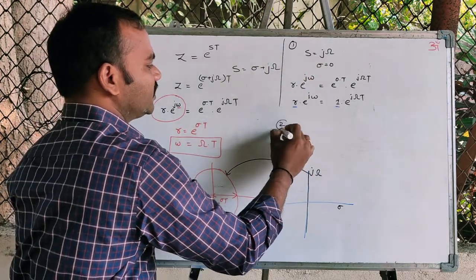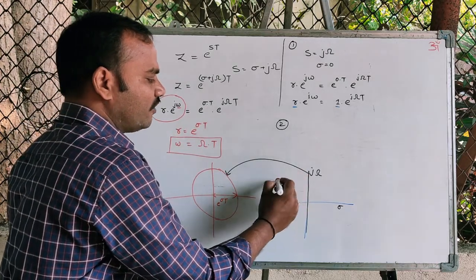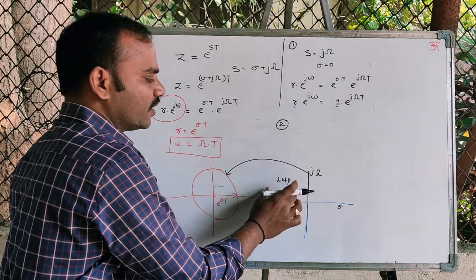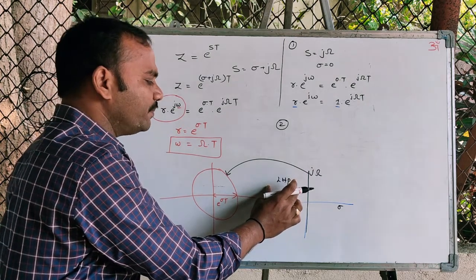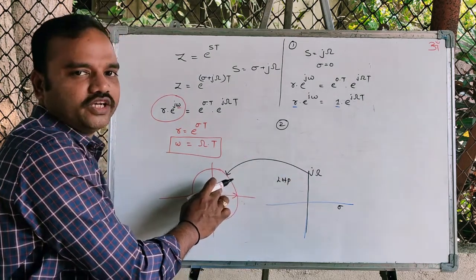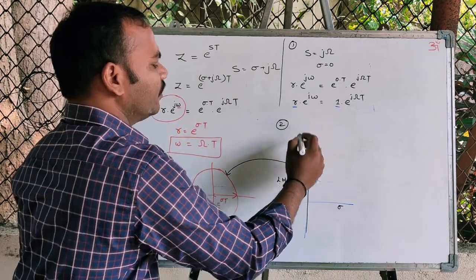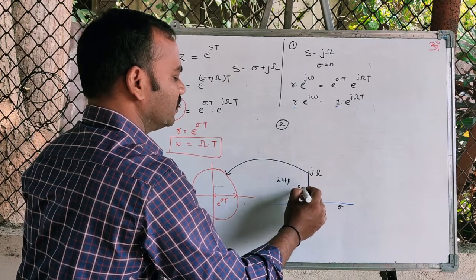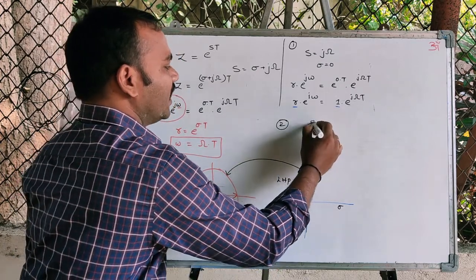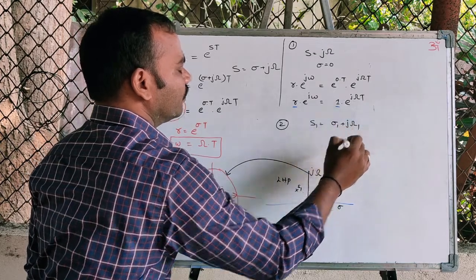And the second one is, next we will check whether the poles which are present in the left half of the s-plane are mapped to the inside of this unit circle or not. For that, we will consider one pole which lies here, say s1. So s1 = σ1 + jΩ1.